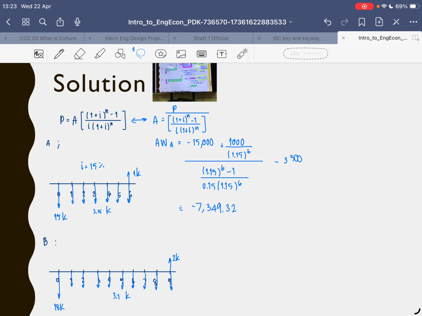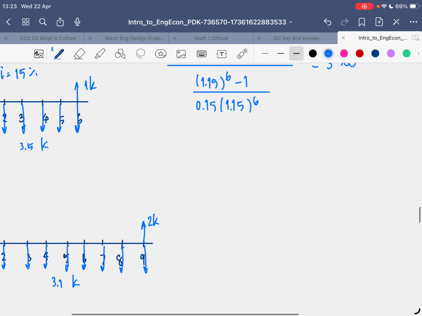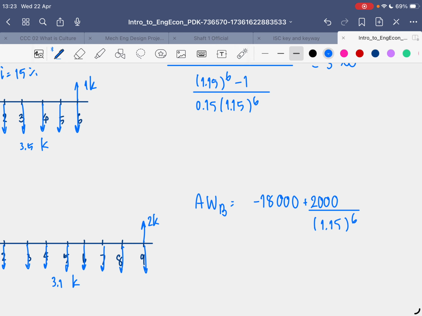The second option, alternative B, is I have 18,000 as a first cost, then I have 2,000 that I received back in year 9, so I have 2,000 divided by 1.15 to the power of 9. Bring this 2,000 back to period 0.